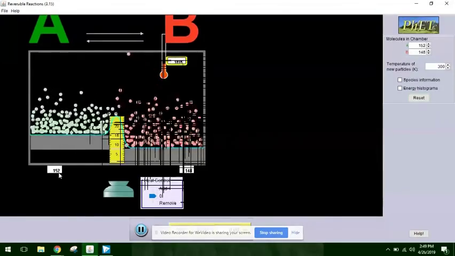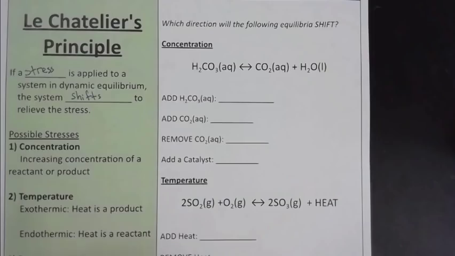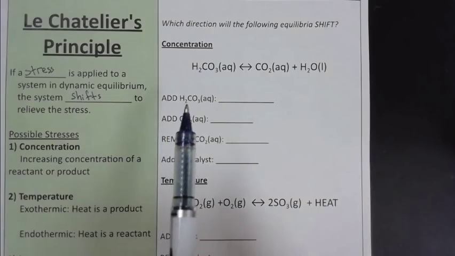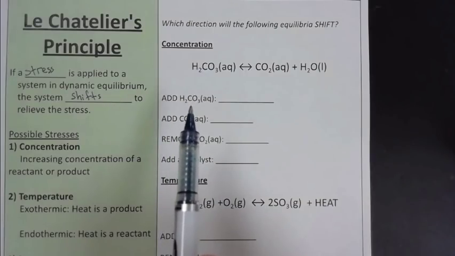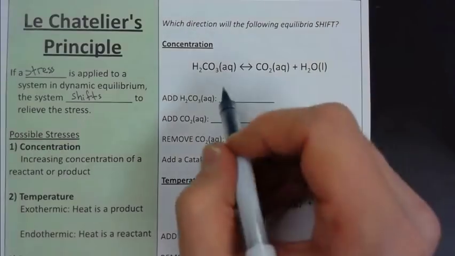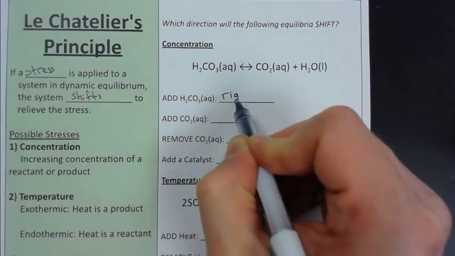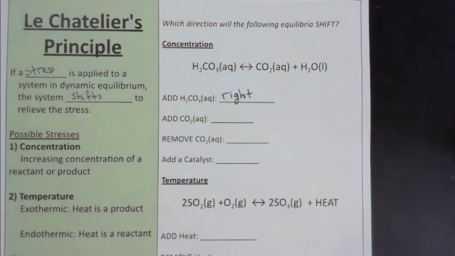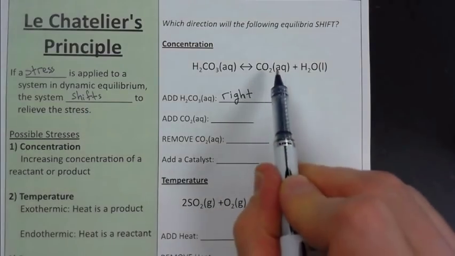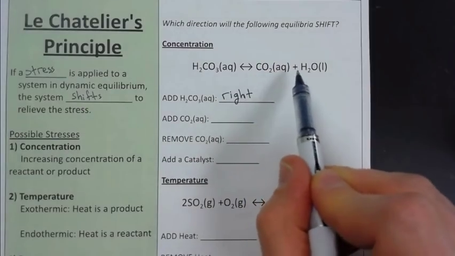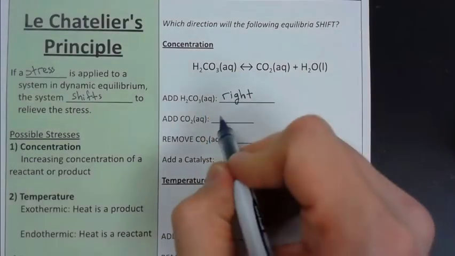So the system is quickly reestablishing this equilibrium. Well, as we add H2CO3, we're going to see that the equilibrium shifts to the right. And the opposite, we're going to see that if we add CO2, equilibrium is going to shift to the left.